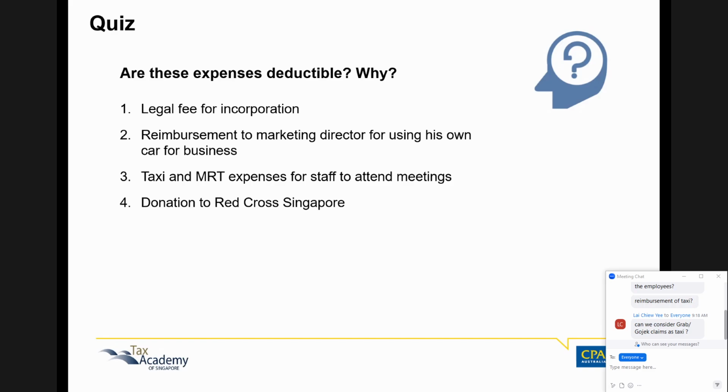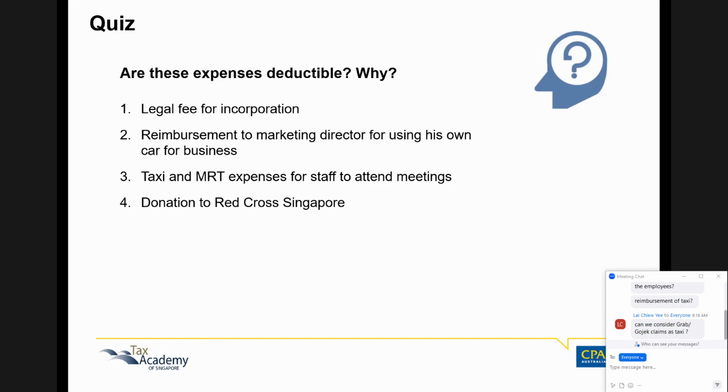Okay, so we'll run through the answers now. I'm referring to the answers of part 2, on page 2 of your case study 1. So whether these expenses incurred by a real estate company are deductible. The first item, gifts and refreshments for clients.